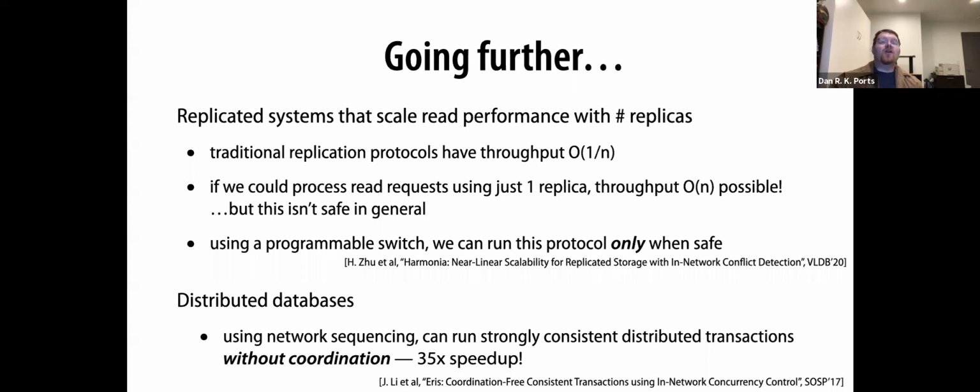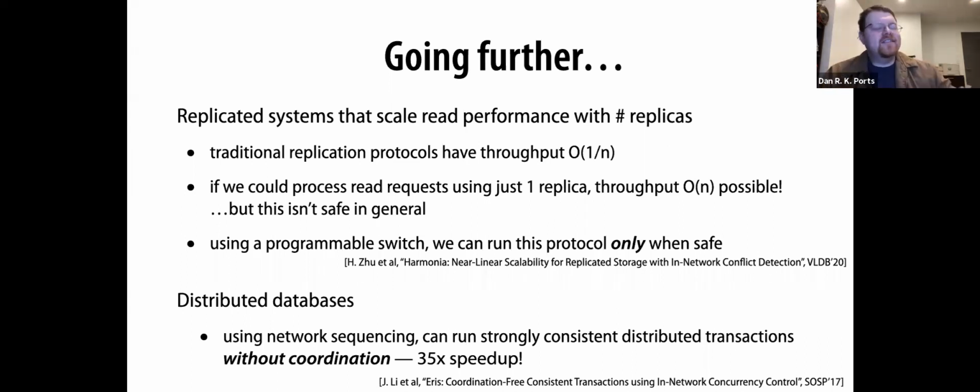And if we use a programmable switch that keeps track of which objects are currently being modified, we can use this optimization that's normally not okay by running it only when we know it's safe. And that lets us build a system where the throughput for read requests scales order n with the number of replicas rather than falling off order 1/n, or as in the case of NOPaxos, just staying constant.